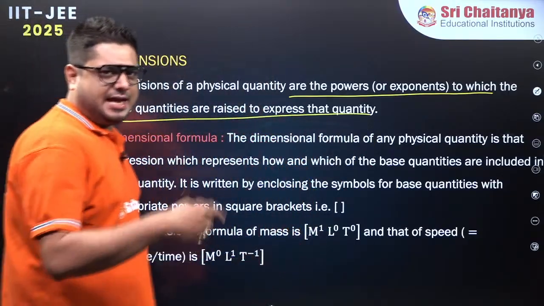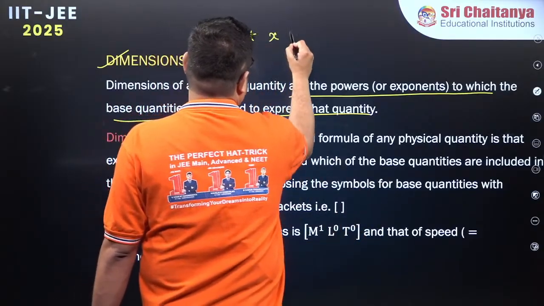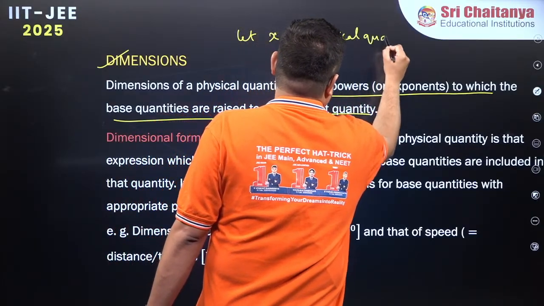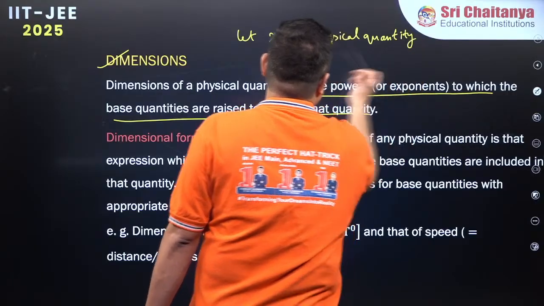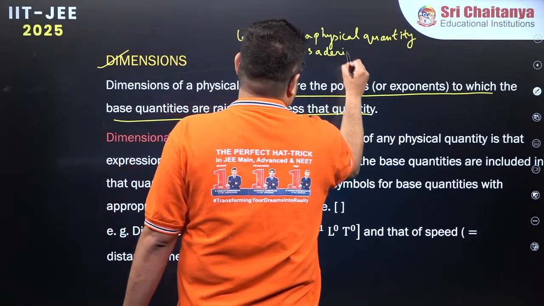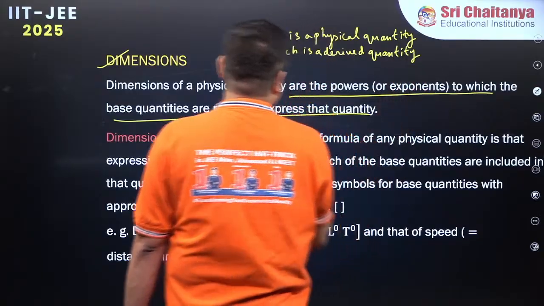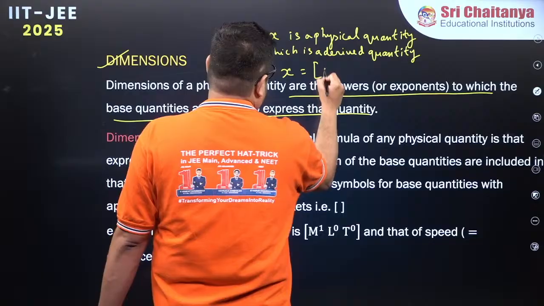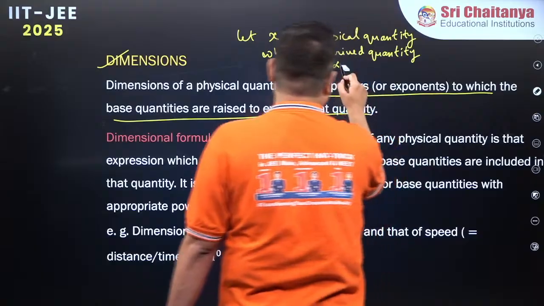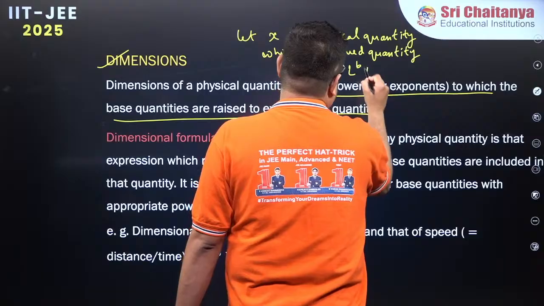So if x is a physical quantity which is a derived quantity, I can write x as m to the power a, or let's say a, it's better to use simpler terms. So this is going to be m to the power a, l to the power b, t to the power c.